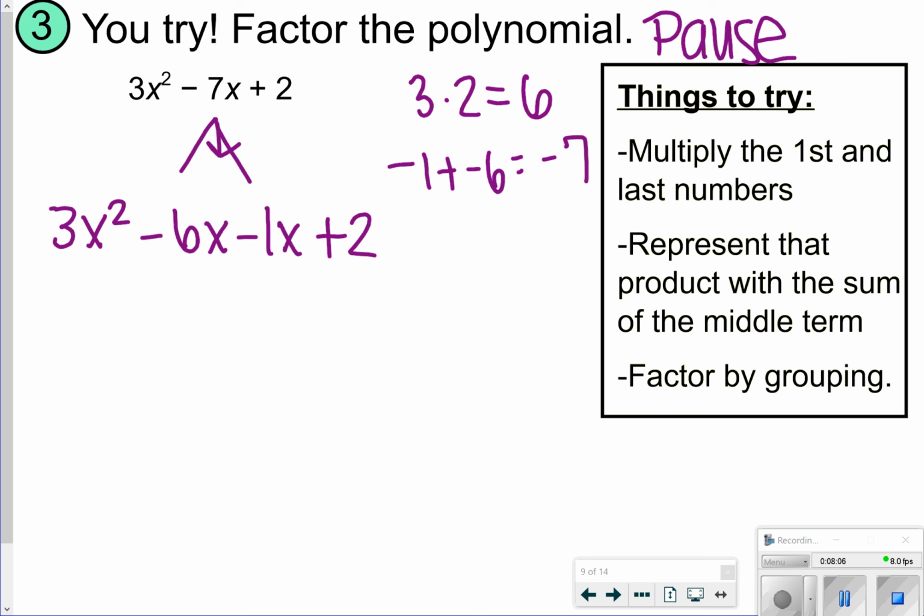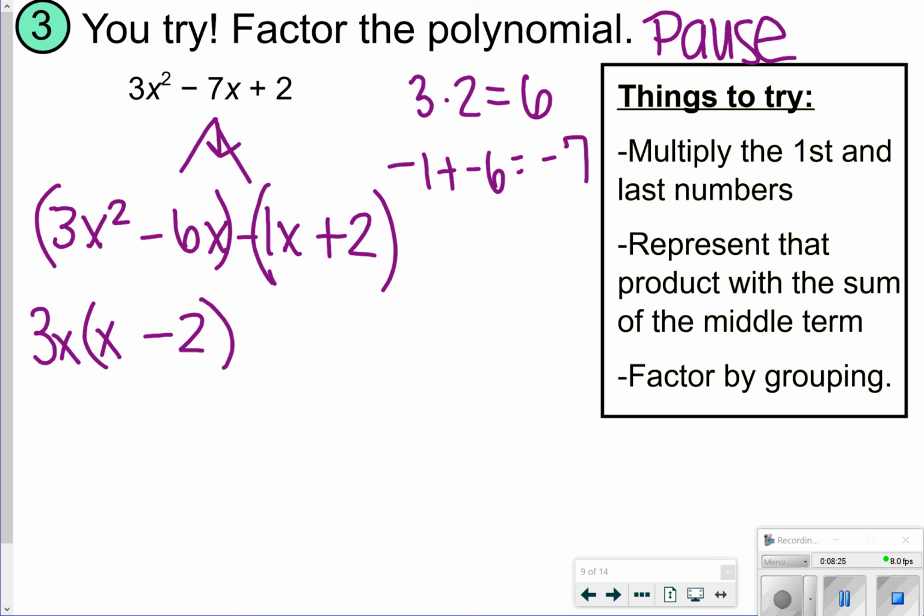Now I'm ready to factor by grouping. The first group will be the 3x squared minus 6x, and the second group would be the -1x and positive 2. I'm going to factor out 3x from the first group to get x minus 2.